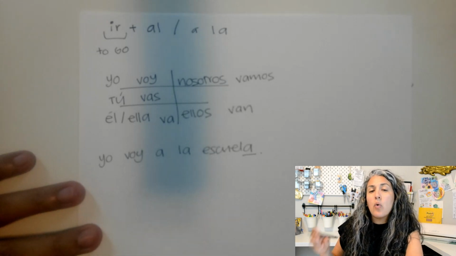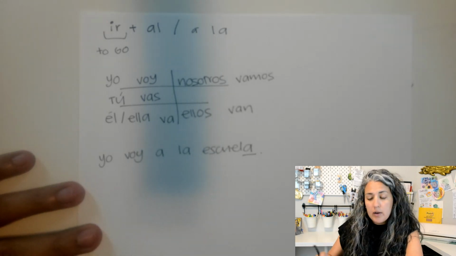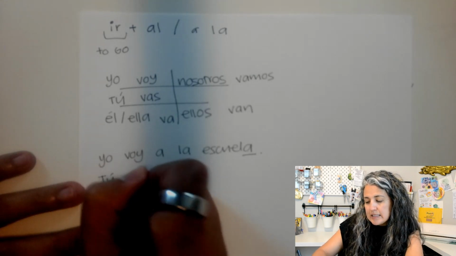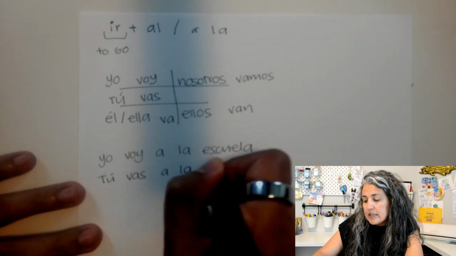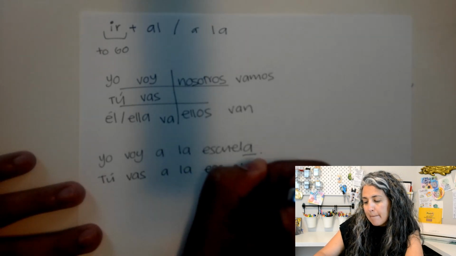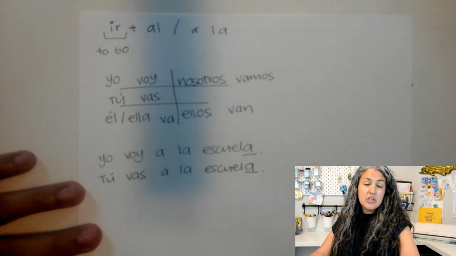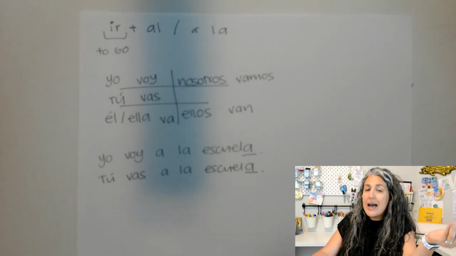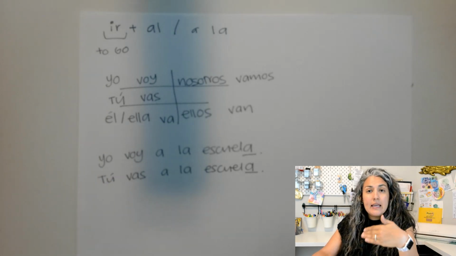Let's write the same word, escuela, but now in the tú form. Tú vas a la escuela. So the only thing that changes is who's doing the verb. Because it's you specifically, it is vas. Let's do it for he or she.